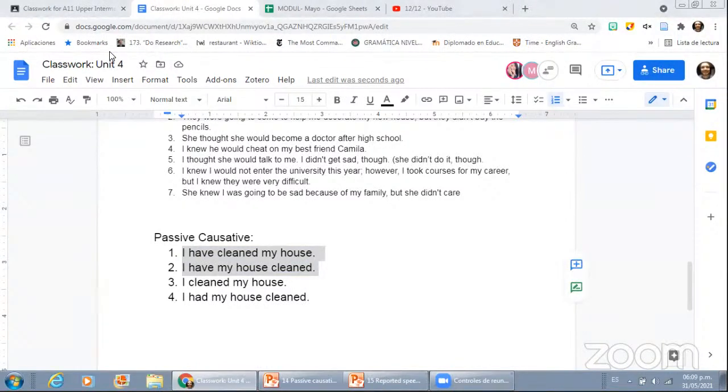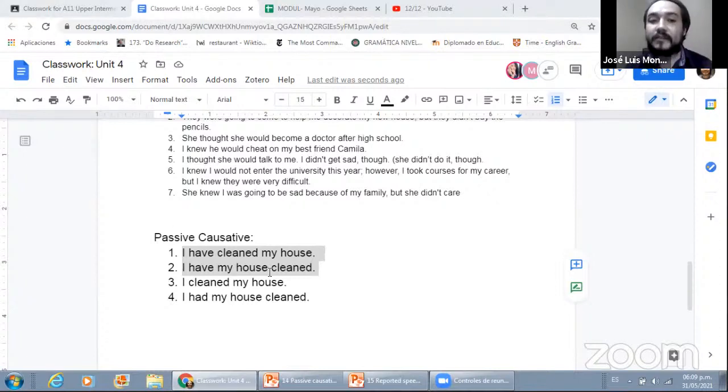So the difference is the word cleaned, and the second time it's at the end. It's after the complement. And in the first sentence it is before the complement. Very good. Yes, that's the big difference, right?